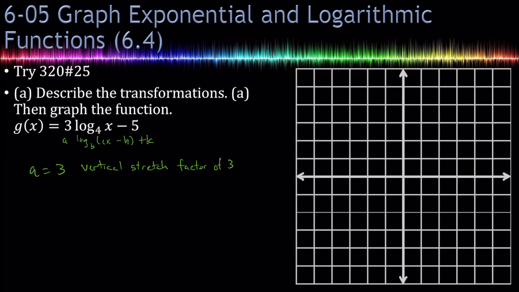Now, notice the x minus 5, this bit here. It is not in parentheses. When it's not in parentheses, that minus 5 is the k. To be h, it has to be in parentheses with the x. So that's our k. So that means we're going to shift down 5.